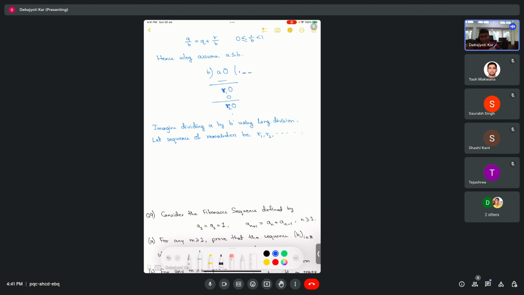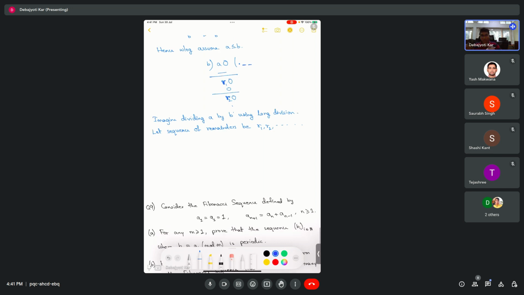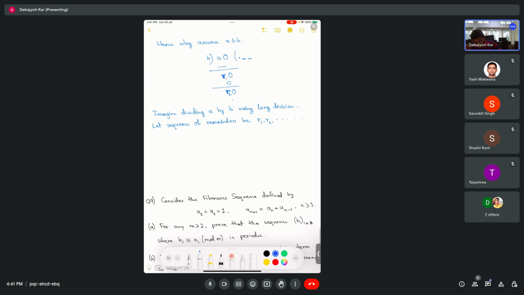So let the sequence of remainders obtained in this way be R1, R2, R3 and so on. If at any point Ri is 0, then the decimal is finite and there is no period of repetition.